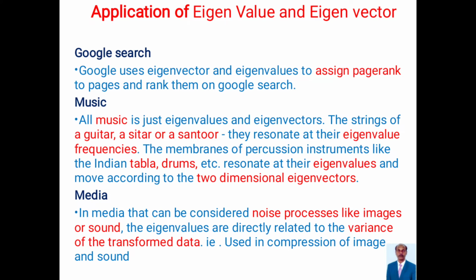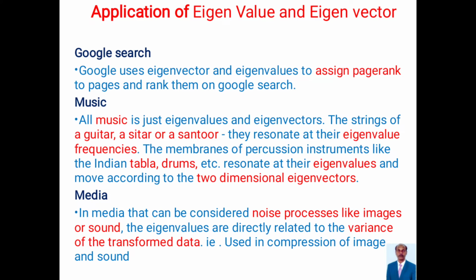So how is it arranged in a list by Google? They use the eigenvector and eigenvalue concept behind that algorithm. So using that concept, they arrange the list.